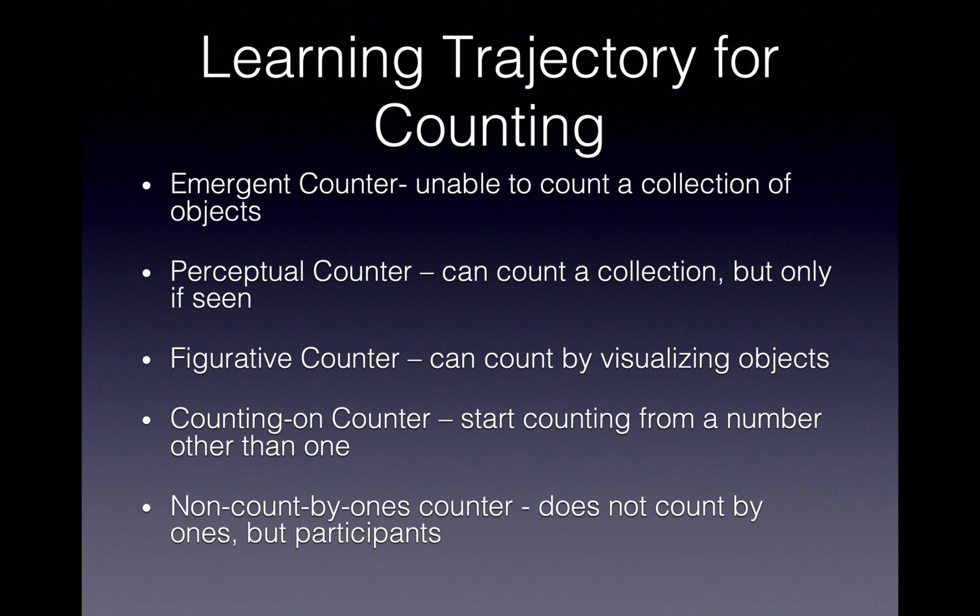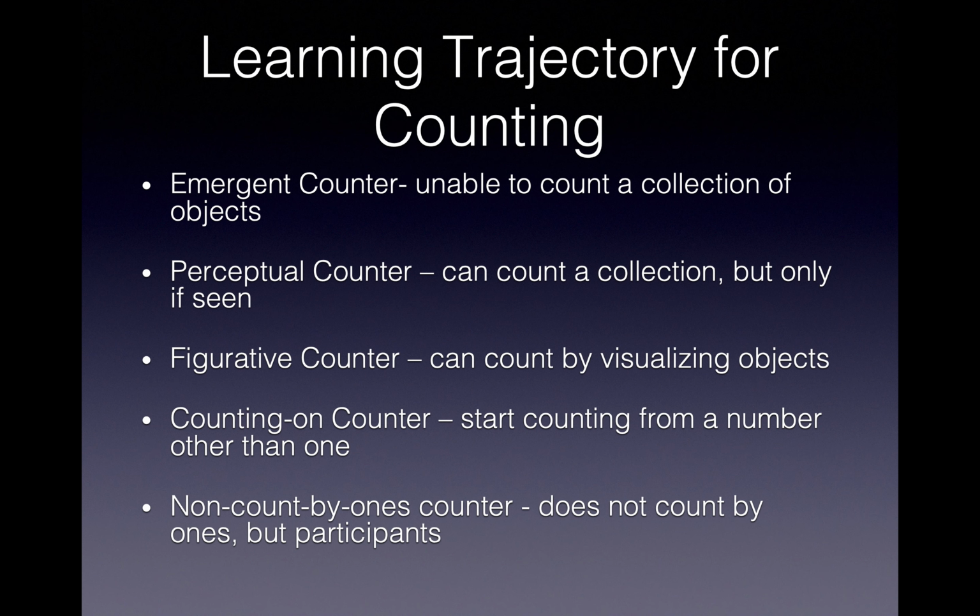As we're looking at how counting strategies emerge, there are about 5 different ways that we see counting come. So emergent counters are those who can't necessarily count a collection of objects in a set. And again, what's important to point out is a lot of times the ability to count depends on configuration.